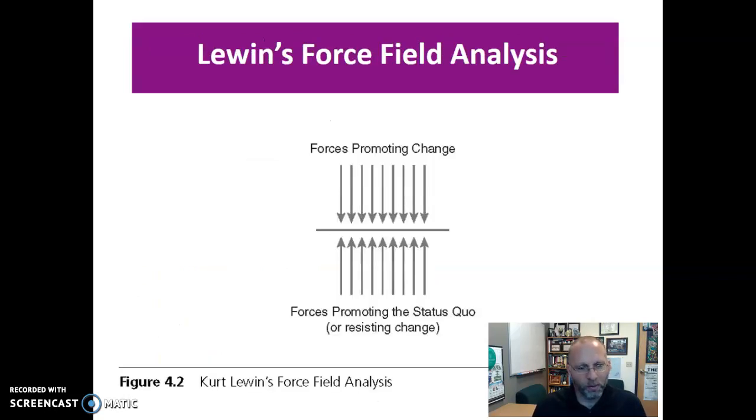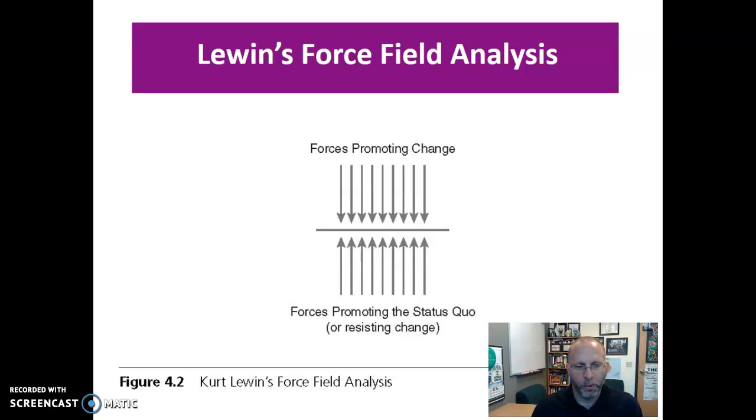They're fairly straightforward. Lewin's force field analysis basically says that organizations are built to reinforce the status quo. They're there to sustain themselves and to maintain consistency. And so if you want to drive change, what you have to do first and foremost is disrupt the status quo.